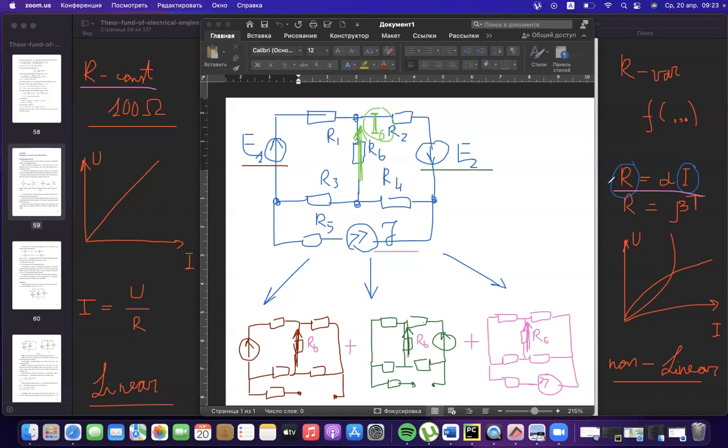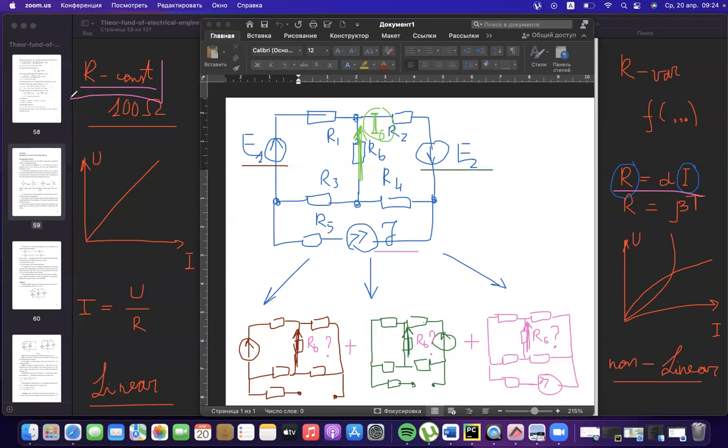But if your resistivity could change, if you have different values for resistivity, you don't know which R you should substitute in the nonlinear case. That is why generally the superposition theorem isn't used in the nonlinear case. Only in the linear one, when you have constants.